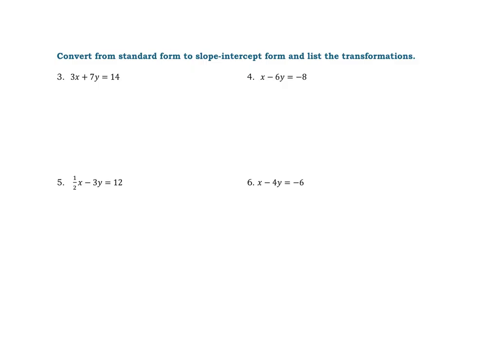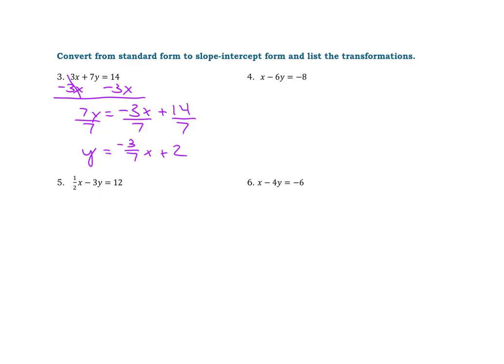The way I would do that, that's a positive 3x, so I'm going to subtract 3x. And that's what eliminates it on the left-hand side. So I'm left with 7y equals negative 3x plus 14. Now we divide everything by what's in front of y. Y equals negative 3/7 x plus 2.